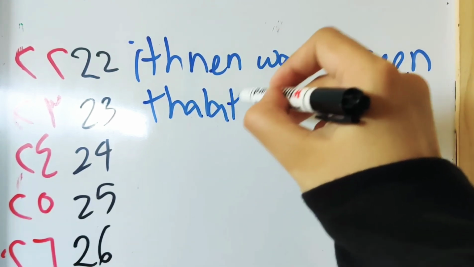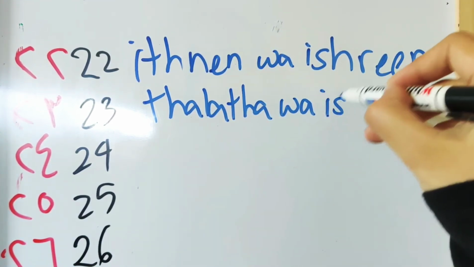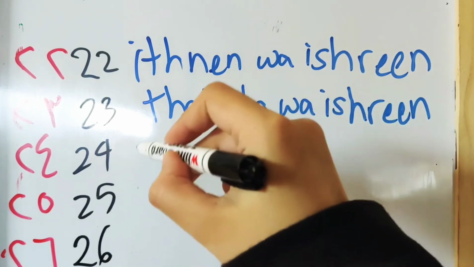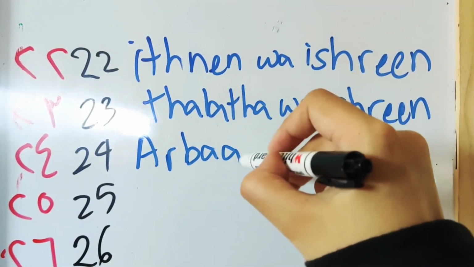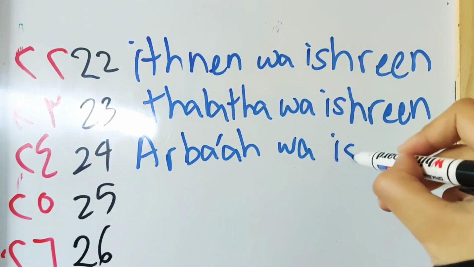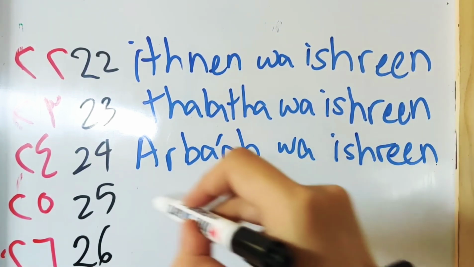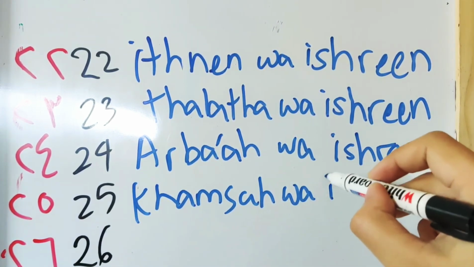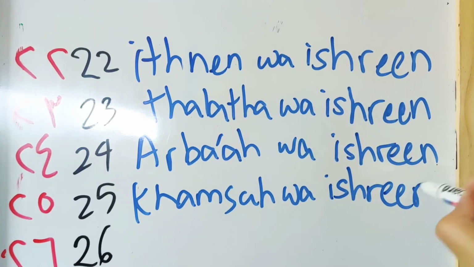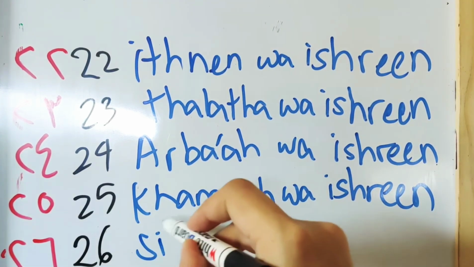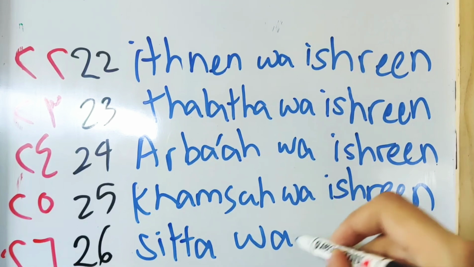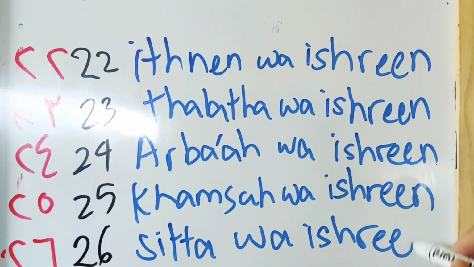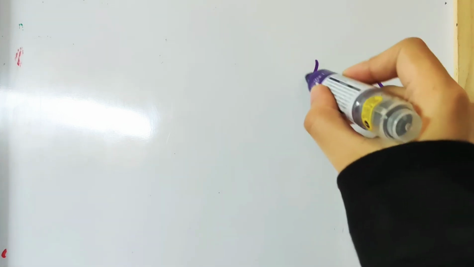So it's called 22. Sorry about pronunciation because, you know, sickness and everything. 23, and then 24. 25, 26.